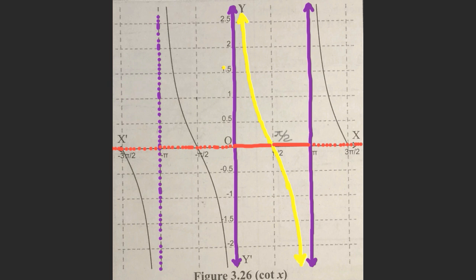This graph is discontinuous at the points 0, pi, minus pi, 2 pi, minus 2 pi, 3 pi, minus 3 pi, which are nothing but all integral multiples of pi.